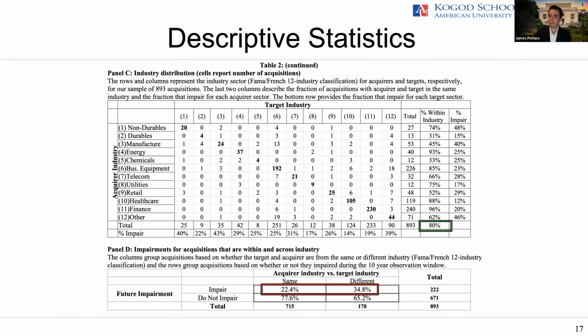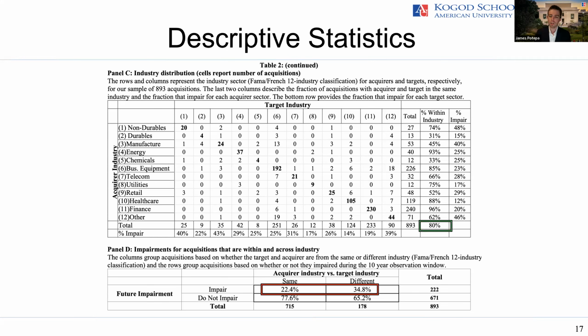Most of the sample is made up of transactions that are within the same industry. So 80% of them are within the same Fama-French 12 industry classification. And there is quite a bit of clustering. If you're in something like finance, healthcare or energy, you tend to have transactions with firms in the same industry.